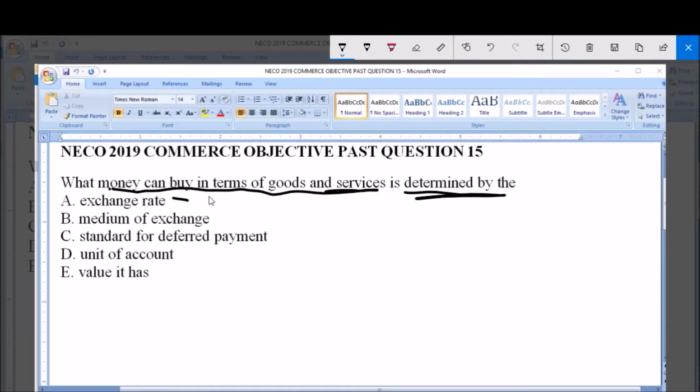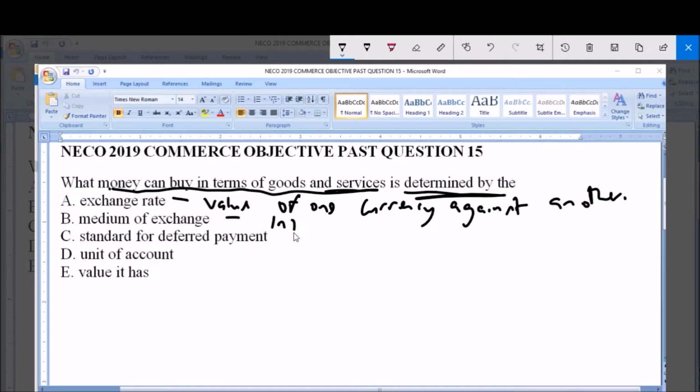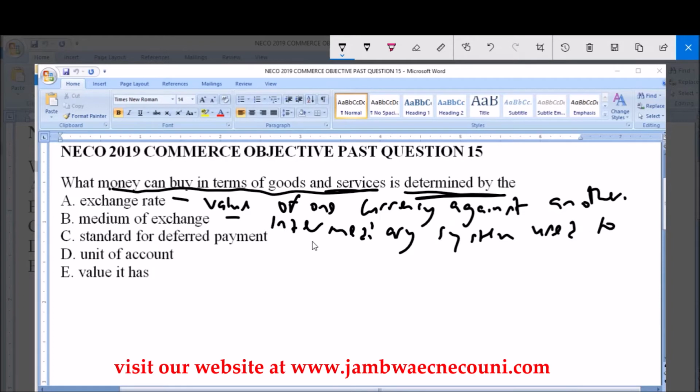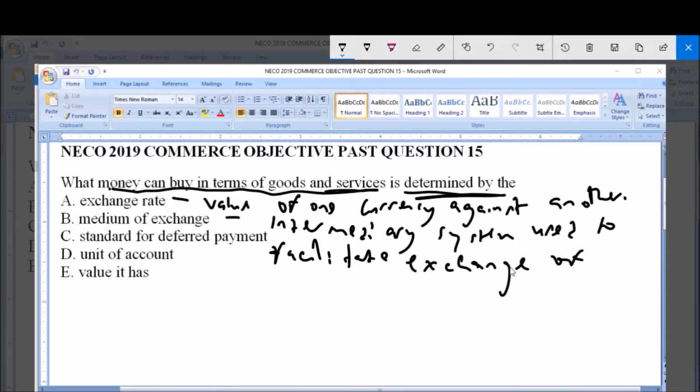or what it is. So option A, which is exchange rate, is the value of one currency against another. Option B, which is medium of exchange, is an intermediary system used to facilitate exchange of goods.